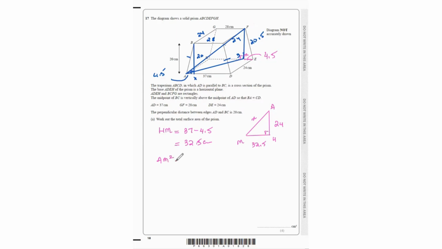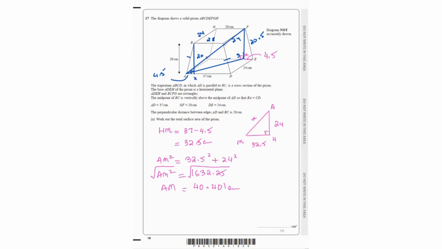AM squared equals 32.5 squared plus 24 squared. That gives us 1632.25. Then we will square root both sides, and AM equals 40.401 centimeters.